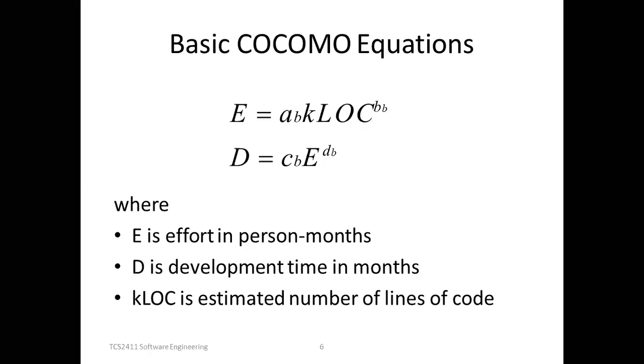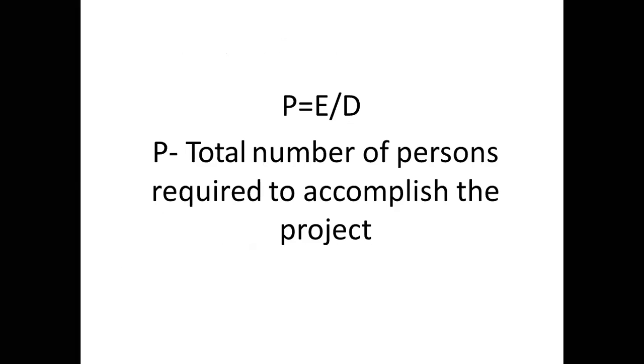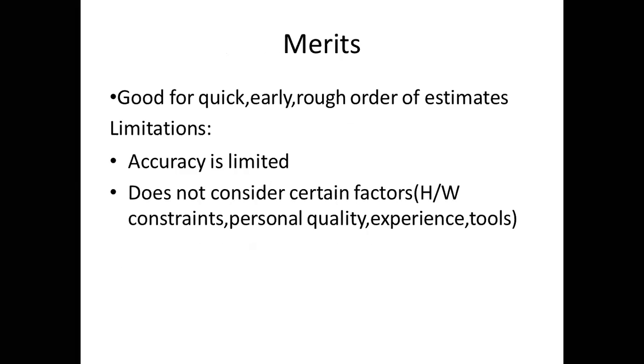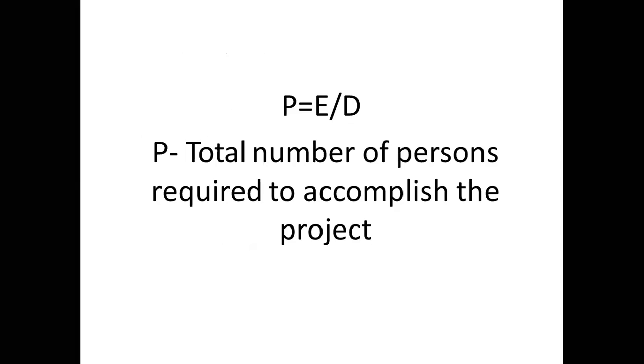So these are the basic COCOMO equations. P is equal to total number of persons required to complete the project. P will be given by E and D. E is the effort and D is the duration.